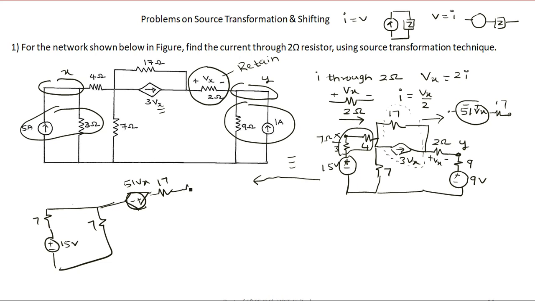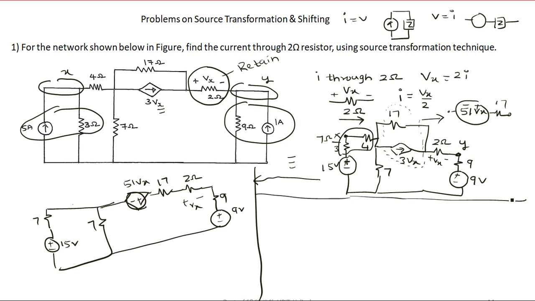Then as usual the 2 ohm resistor with the label Vx given here. Then I get a 9 ohm resistor with plus or minus 9 volts. So still you can redraw this in a better way.